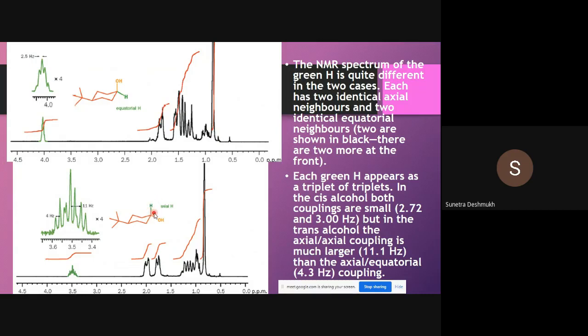Now we get the NMR, and after that we go for the J3 coupling constant value. Here we now have an axial hydrogen atom. This hydrogen atom has two vicinal hydrogen atoms at two different carbon atoms, two vicinal axial hydrogen atoms.